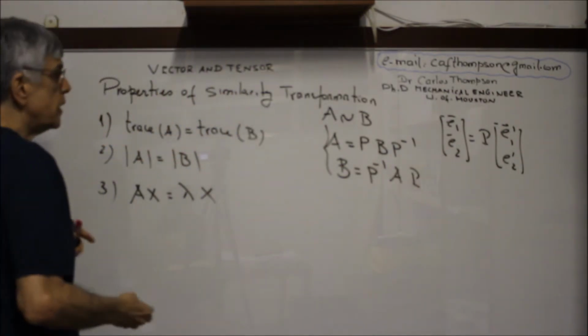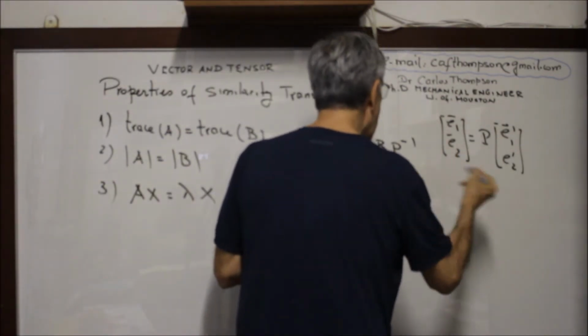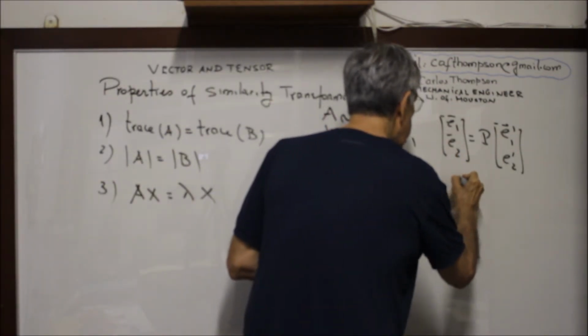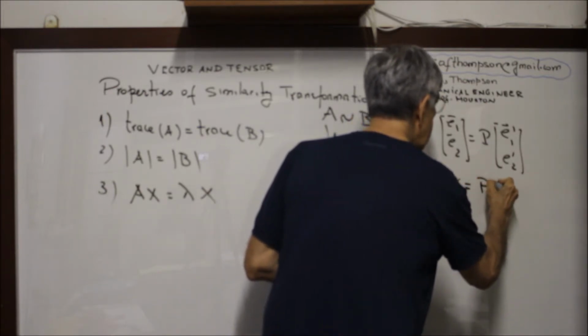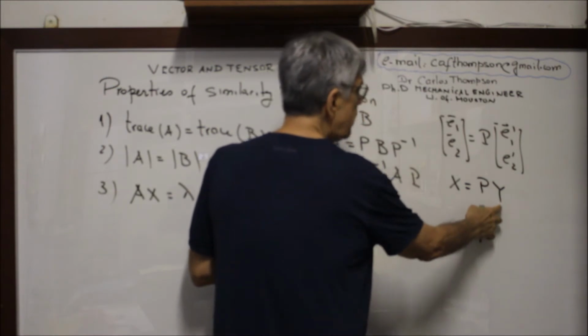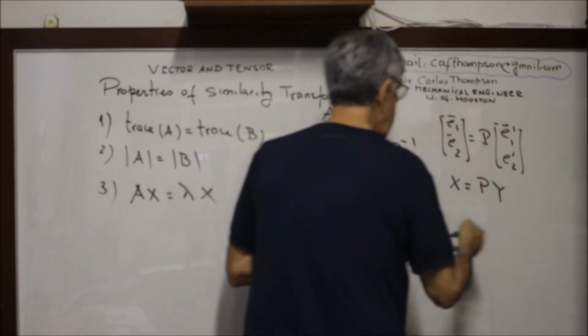Now, let's do this. So, this is x1. I can write down, if I want, a vector x is equal to P y. y is related to x1 prime, x2 prime.